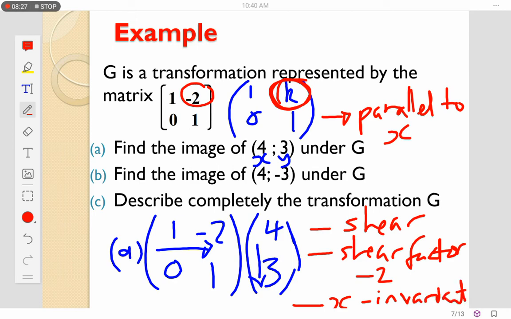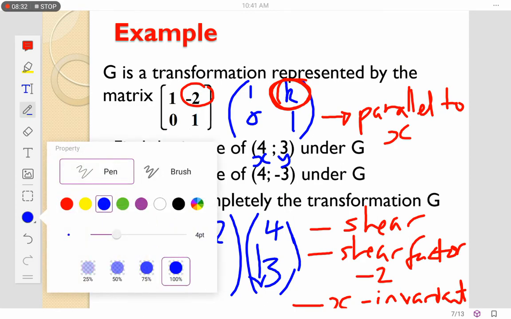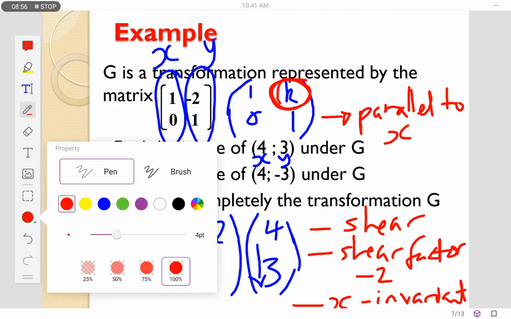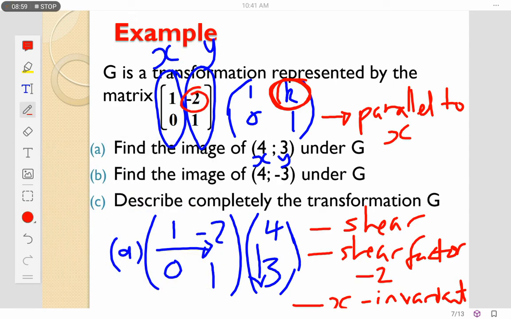Why do we say the x-axis is the invariant line? Let me show you. If you come to the matrix that we had initially, the first column represents x values, and the second column represents y values. From the previous derivation, these values are not changing, 1 and 0. Where we are having a change is here. That's where you can tell this is the invariant line.